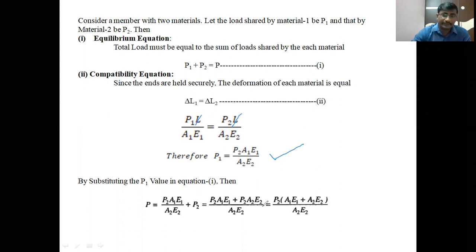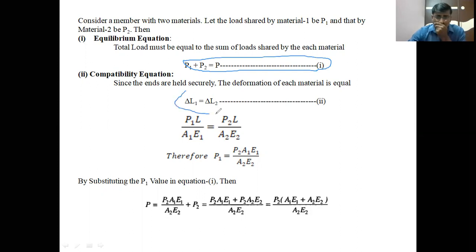Clear, students? Are you understanding this? Simply, we are taking two equations here. One is the equilibrium equation, and the other is the compatibility equation, to find the load shared by each material. Why are two equations required?